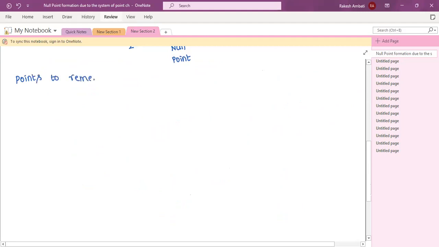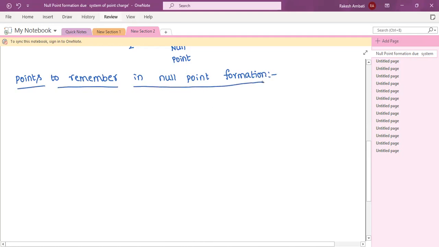Next, the points to remember in null point formation. These points are very important whenever we are drawing electric field distance graph.